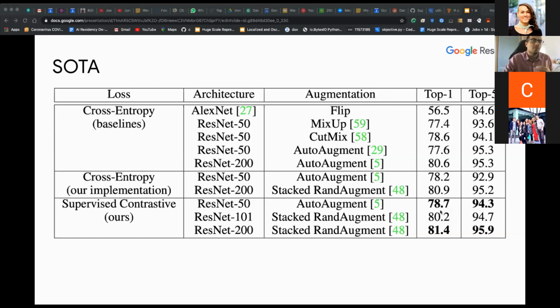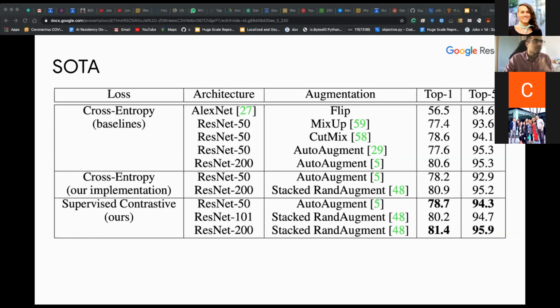We also have similar numbers using AutoAugment on ResNet 50. The key takeaway here is that if you have a larger architecture, that helps supervised contrastive, and if you have stronger augmentation for those larger architectures, even then it helps supervised contrastive. Smaller architectures can get into trouble with stronger augmentations, but supervised contrastive helps against cross entropy anyway.